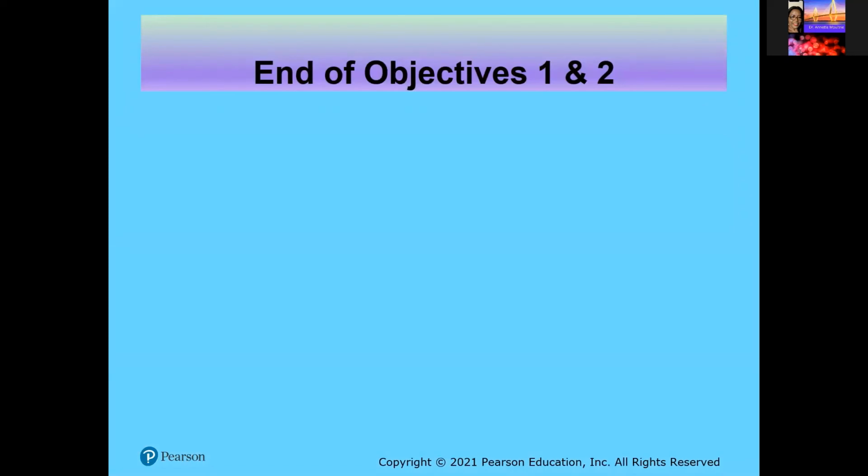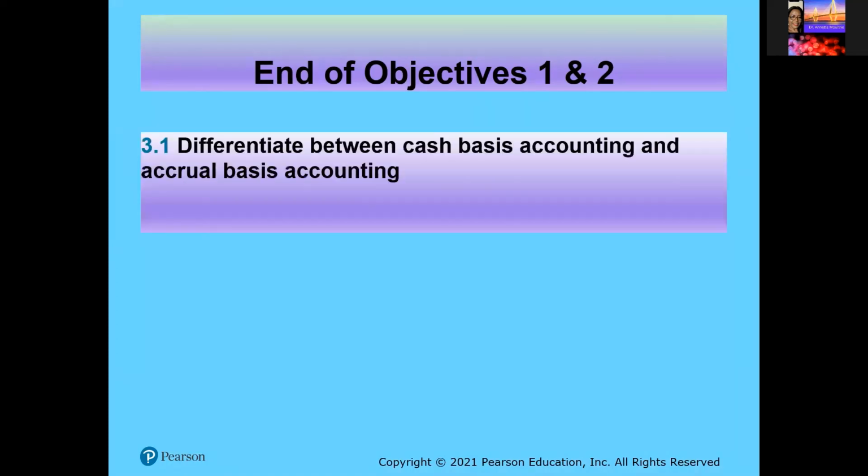So in this video, we covered 2 objectives of Chapter 3. We stated that the cash basis accounting records transactions based upon the receipt or payment of cash. And we know under the cash basis, revenues are recorded only when cash is received, and expenses are recorded only when cash payments are made.